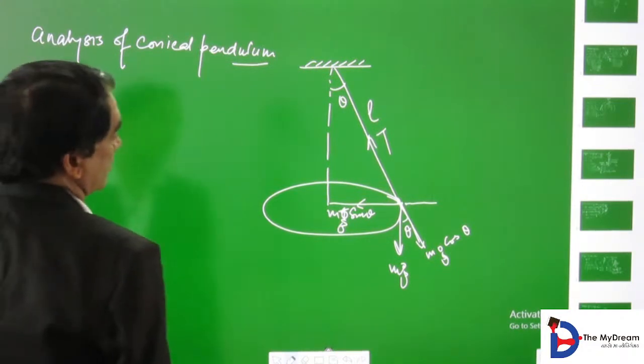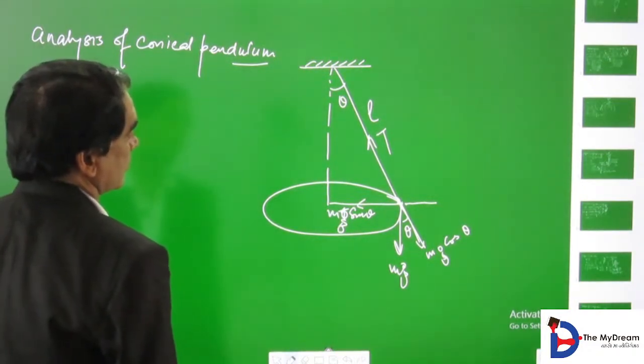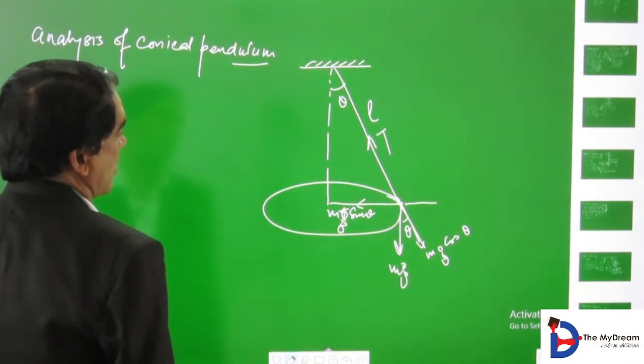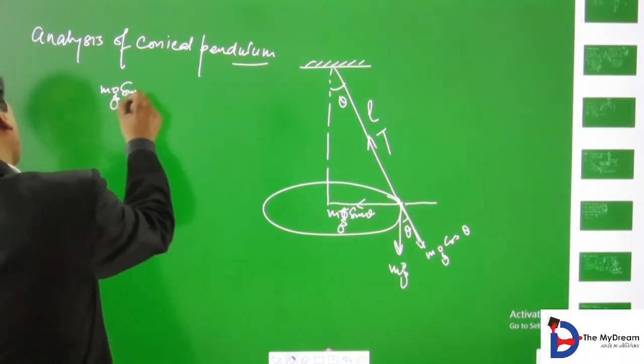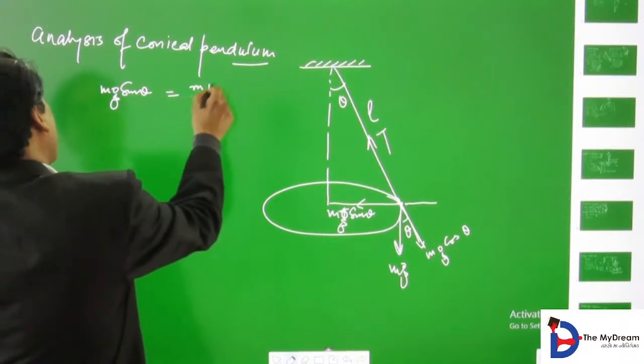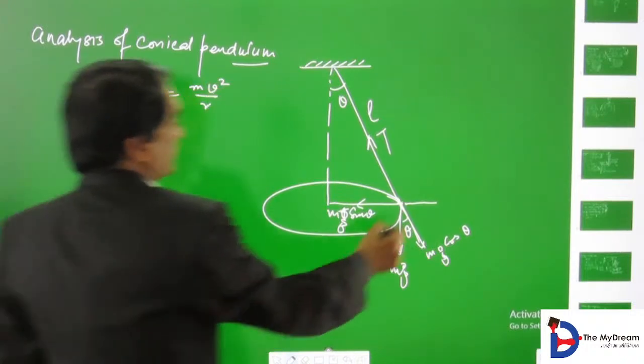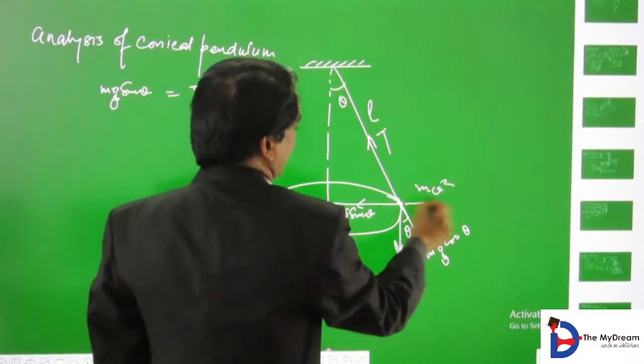So mg sin theta is equal to mv square by r. This is the centrifugal force.